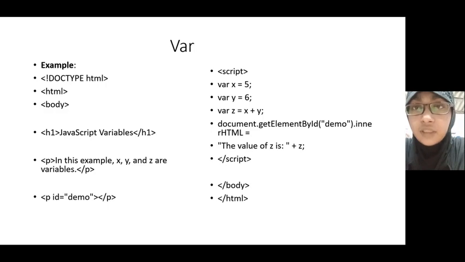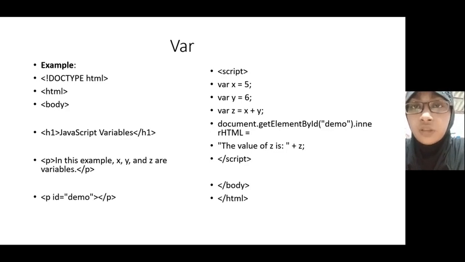Let us see an example to get a clear understanding of the variables concept. First, we use var to declare variables. We define one heading and one paragraph, with the paragraph ID demo. Here in the script tag we are writing; we write the script tag in the body generally.